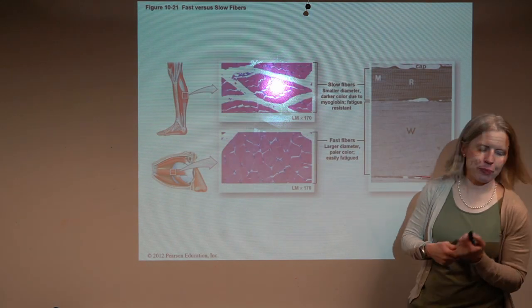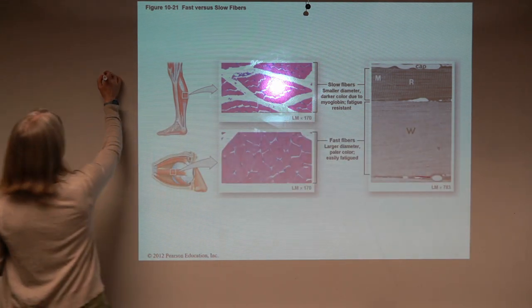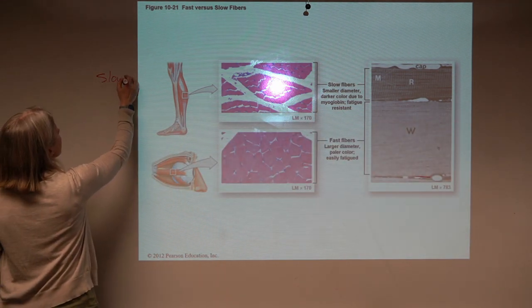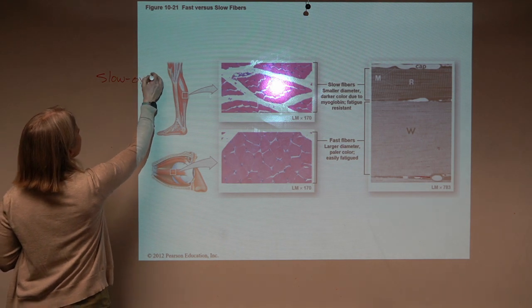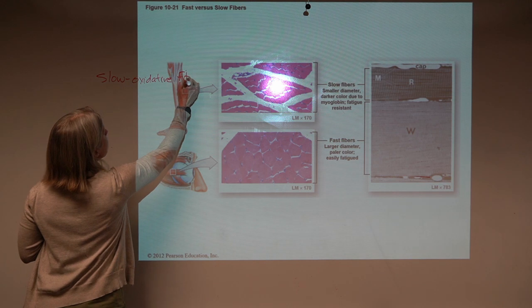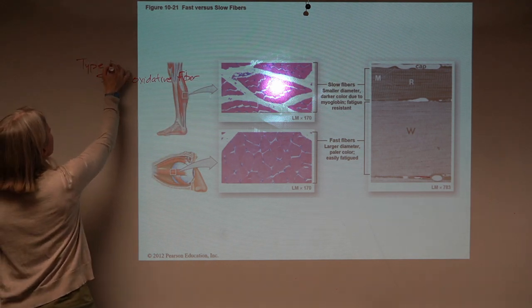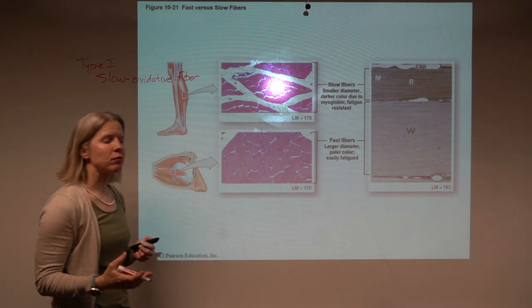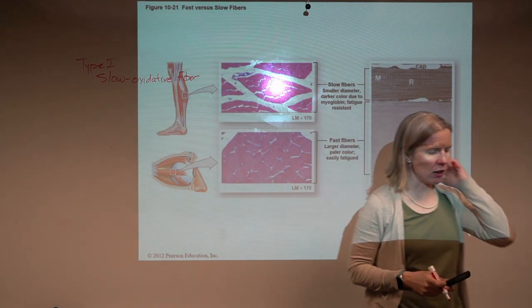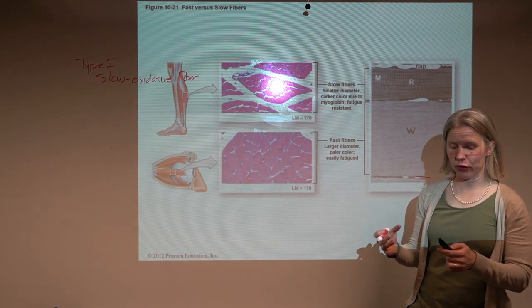So what they're calling here a slow fiber is a slow oxidative fiber, also called a type 1 muscle fiber. Now, a couple things that we can tell, it is slow twitch, right?